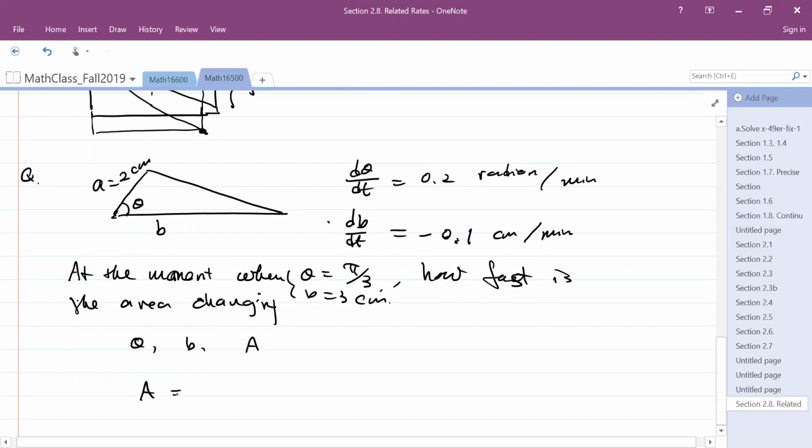If you have a, and b, and that's the angle theta, how do you express the area?